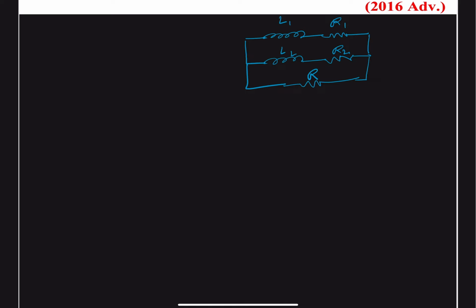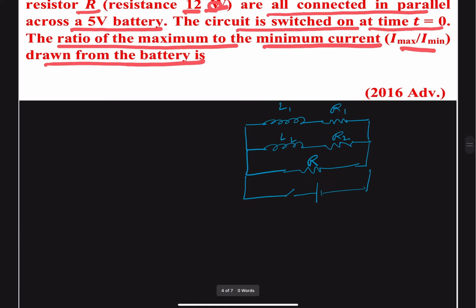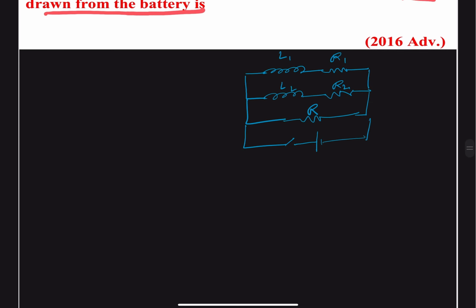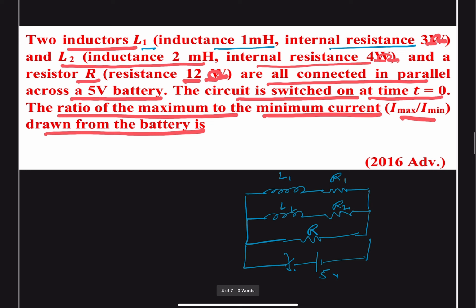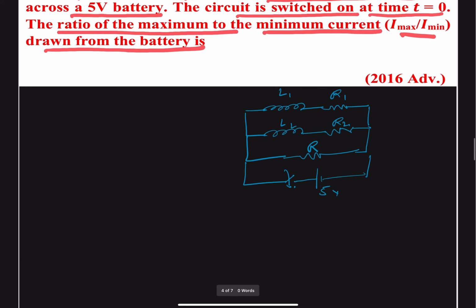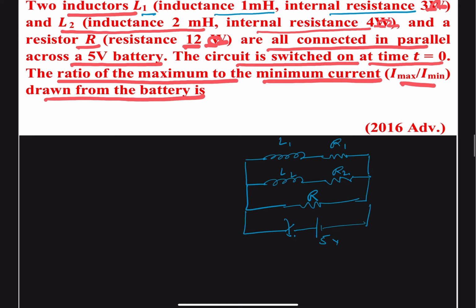All these are connected through a switch with a battery of 5 volt. L1 is given as 1 millihenry, internal resistance is 3 ohm. Okay. So in this case, we have to find the ratio of Imax upon Imin.